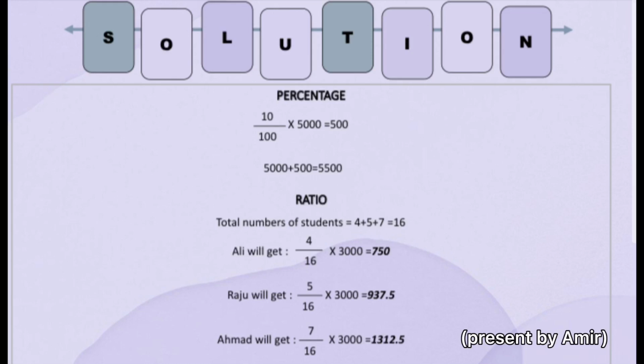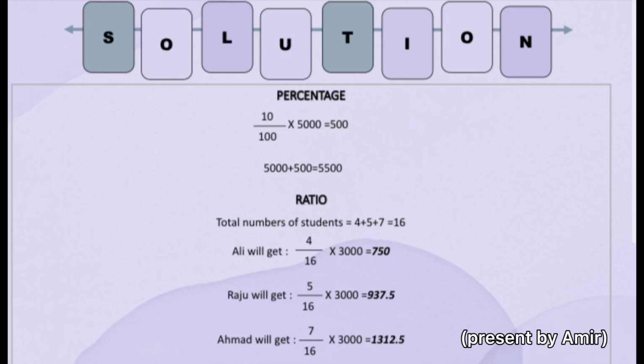After that, the solution of the problem statement of ratio. If you want to know the solution of ratio, you must add all the ratios, like 4 plus 5 plus 7, and then you will get 16. After that, the amount Ali will get is 4 divided by 16 and multiplied by 3,000, and Ali will get 750.